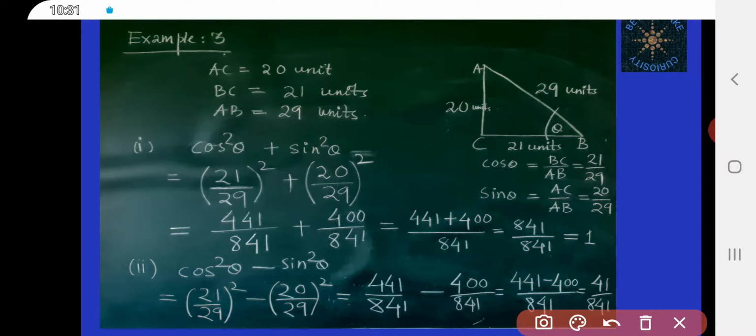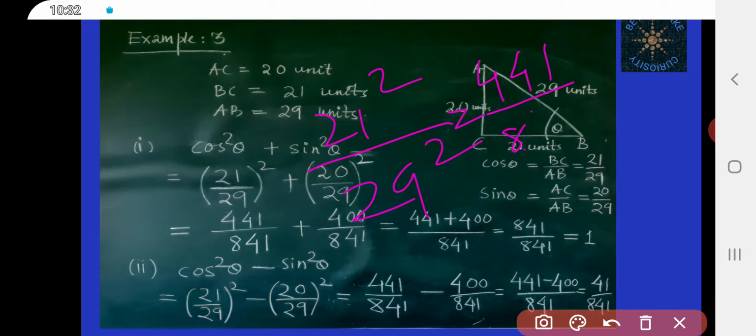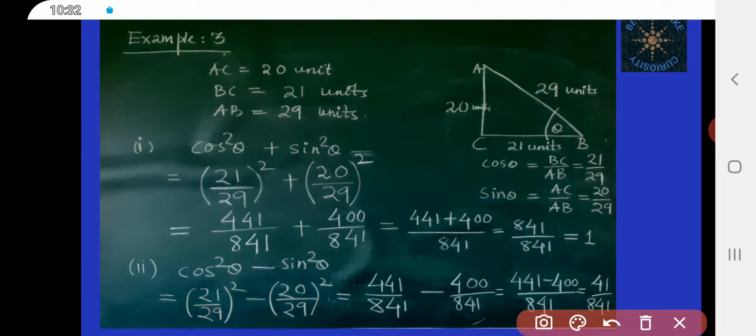So here you find 21 square by 29 square, you get 441 by 841. Similarly, you can write 20 square 400 and 29 square 841.